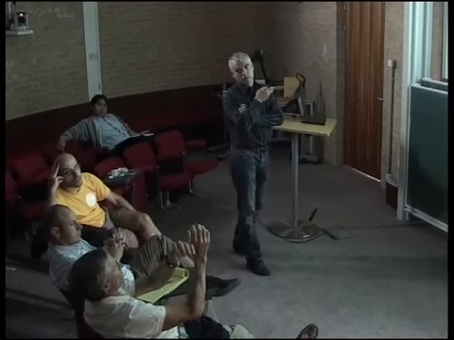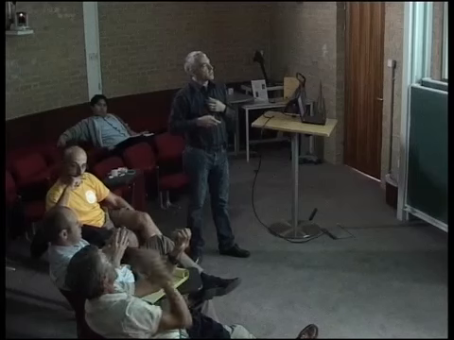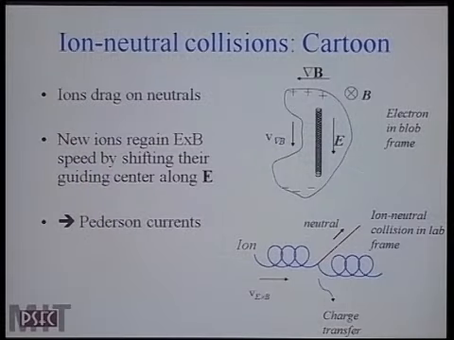If your blob is streaming out, I'm assuming the neutrals are at rest. But if your blob is streaming out, then in the blob frame, the ions are coming this way. Yeah, I think that's exactly what I was saying. And then you get a drift up and down. That's what I call the Pedersen current.